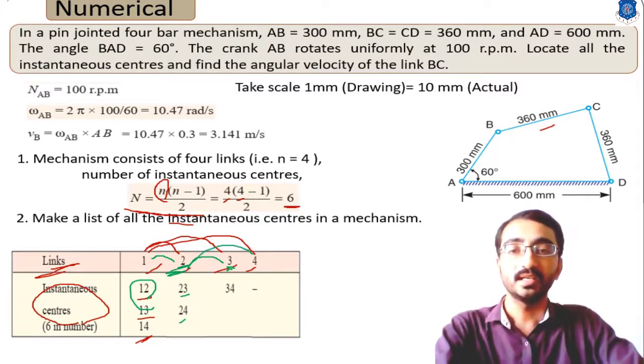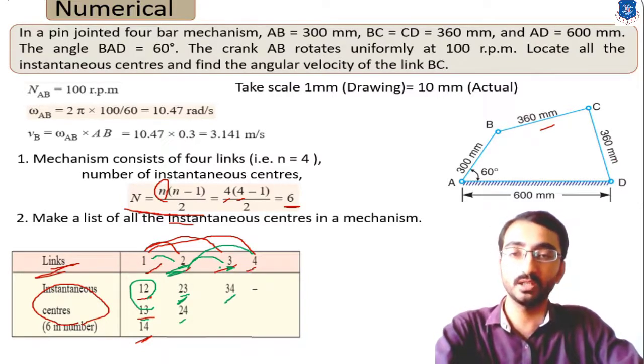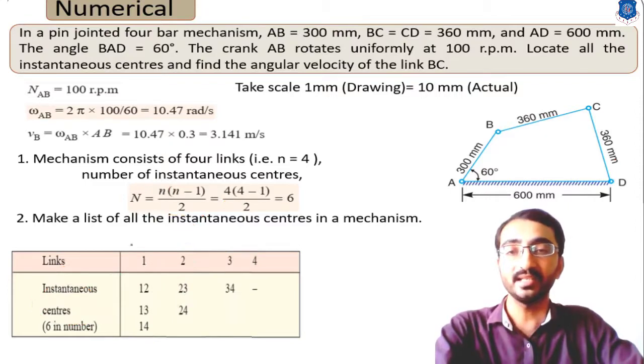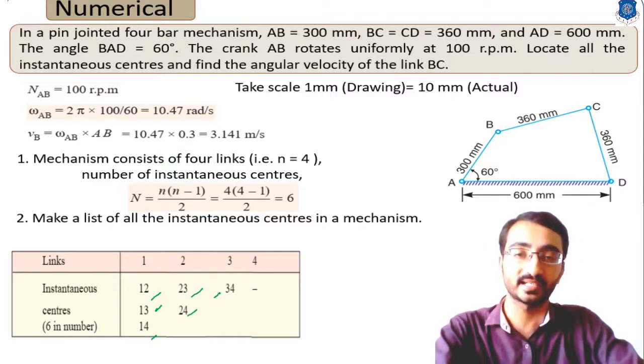Similarly, 3 is connected with 1 and 2, so 1, 3 and 2, 3 are already mentioned, so now we have to mention only 3, 4. Now 4 also makes a pair with 1, 2, 3, which we have already mentioned in the previous columns. So in this way we can identify that in this 4-bar mechanism we have to locate these 6 instantaneous centers.